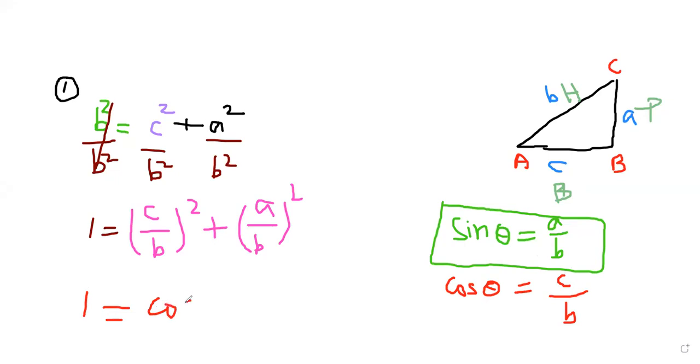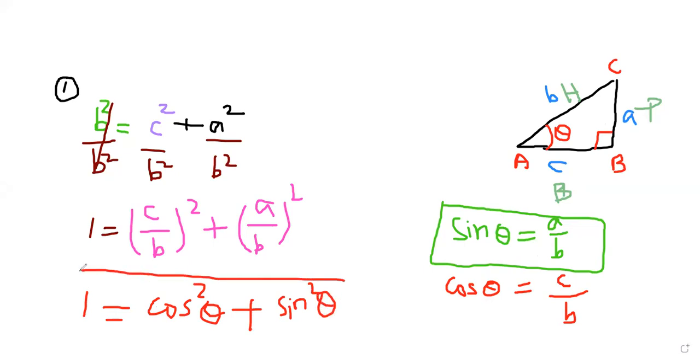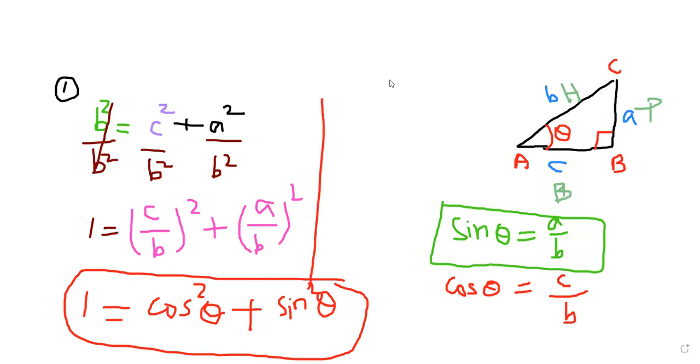It will be cos square theta plus sine square theta, because this angle is theta and this angle is a right angle, 90 degrees. So this is our first fundamental identity: sine square theta plus cos square theta is equal to 1.